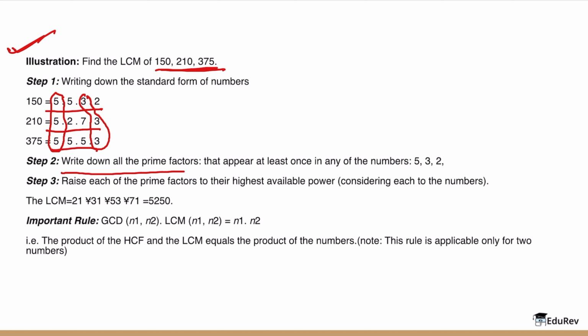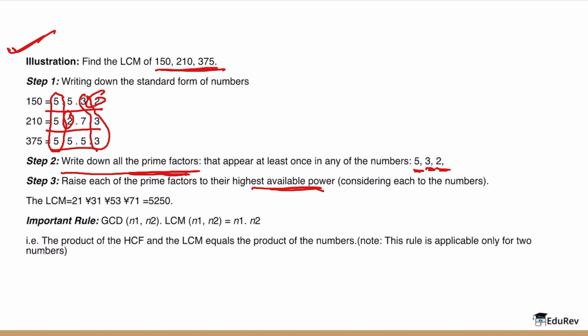Write down all the prime factors that appear at least once in the three. So 5 is appearing, then 3 is appearing, then 2 is also appearing. Correct. Then what I need to do is raise each prime factor to its highest available power.